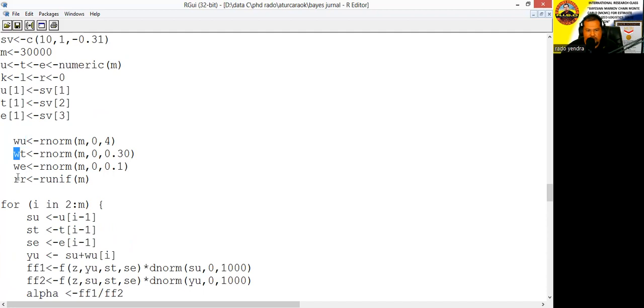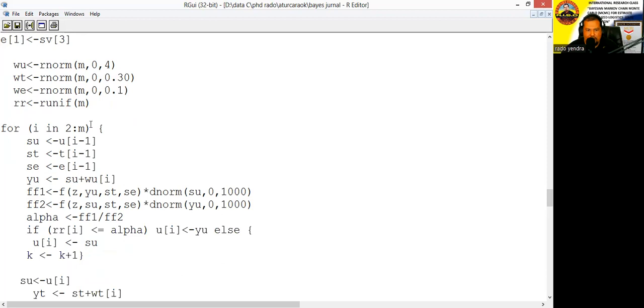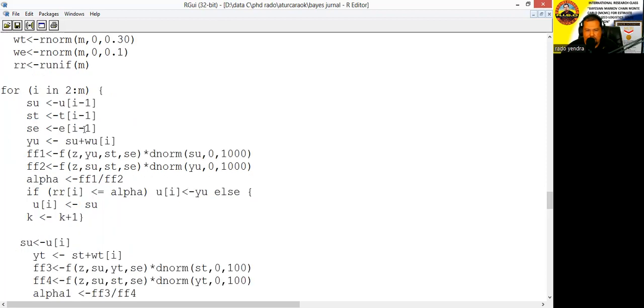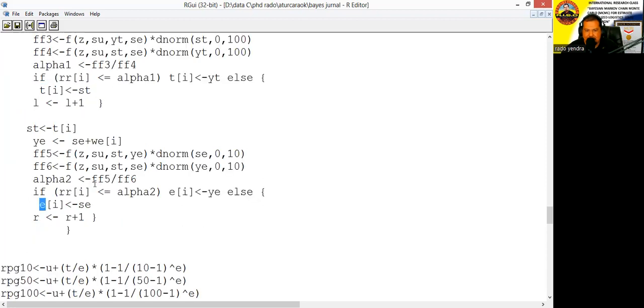This is omega T, then omega E. This is the whole Markov chain Monte Carlo program to find parameter U, parameter T, and parameter E.